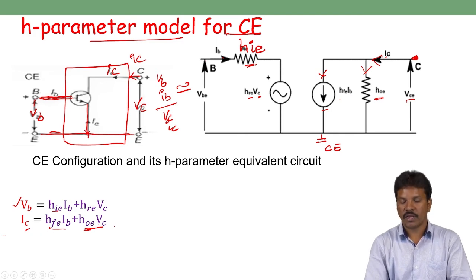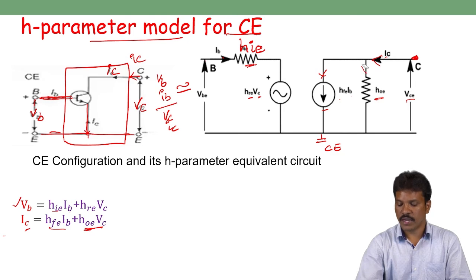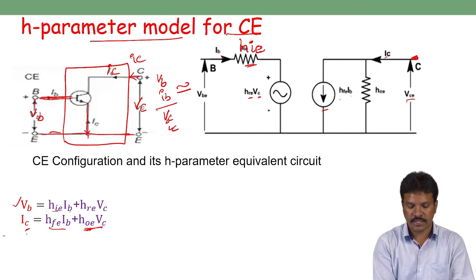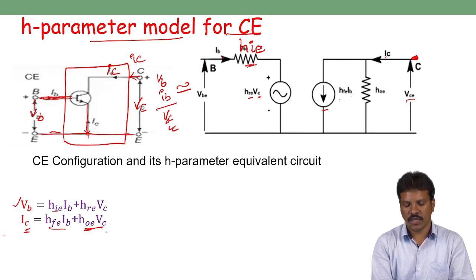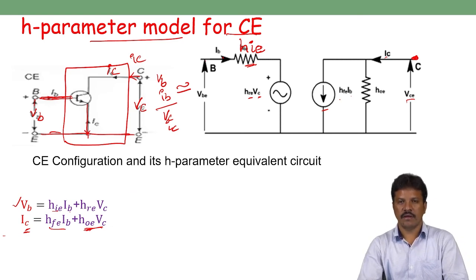So you can also understand it this way. Otherwise, we can take the output current IC as HFE IB plus HOE VC. So here IC is a function of IB and VC.